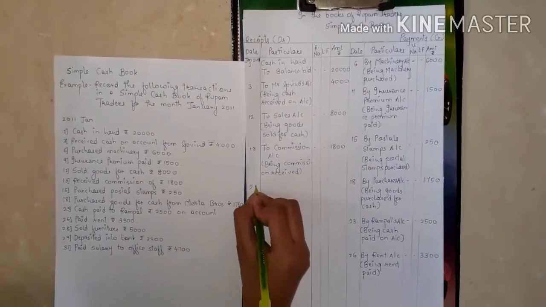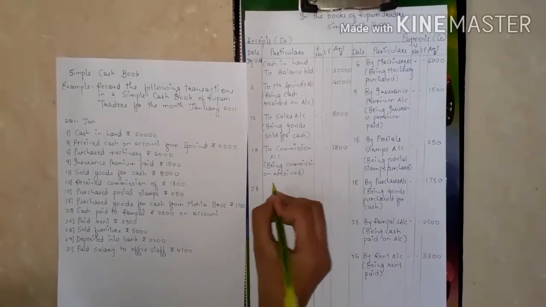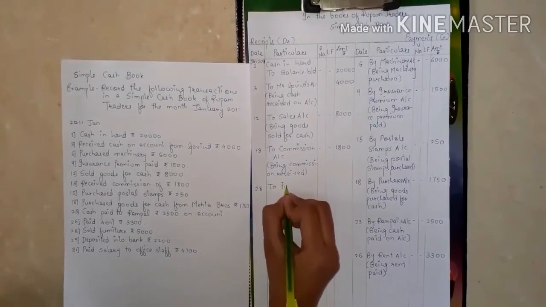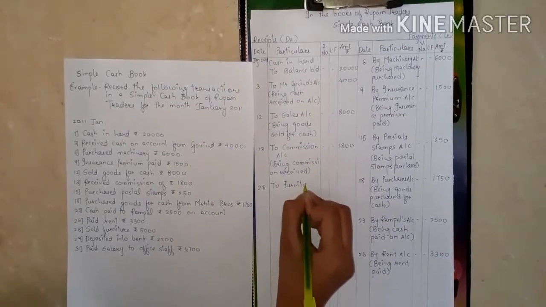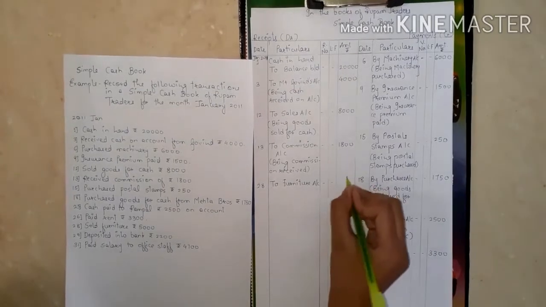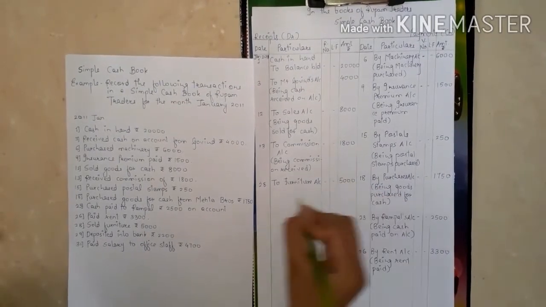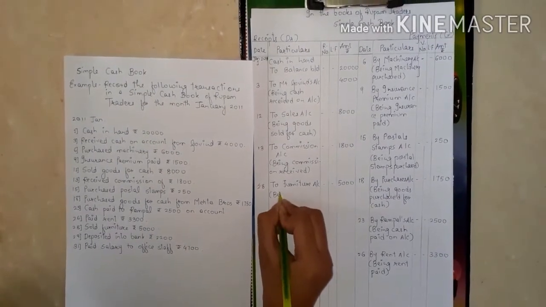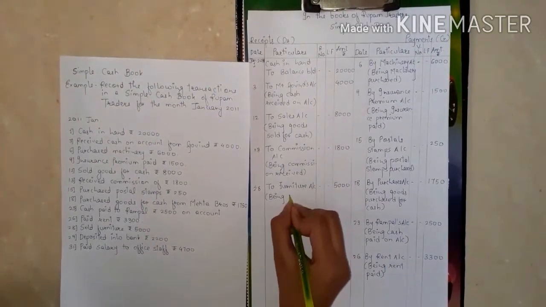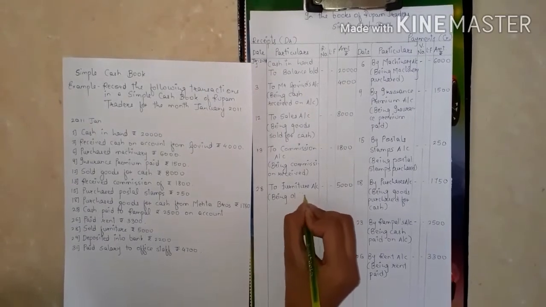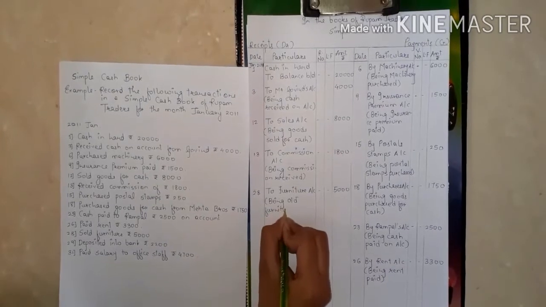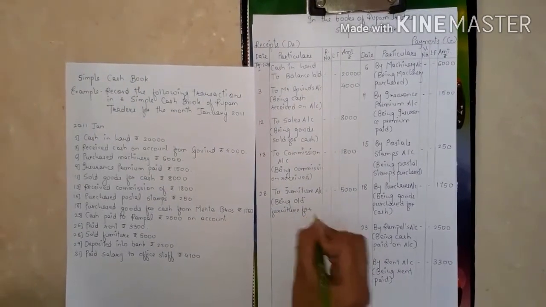On 28th Jan to furniture account, because we have sold furniture, that is for furniture account of rupees 5,000. Narration being old furniture sold for cash.